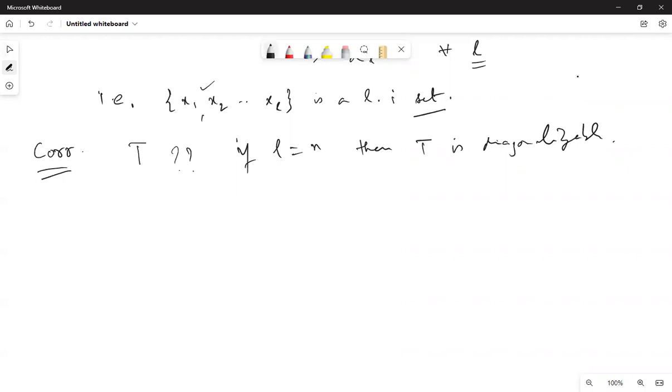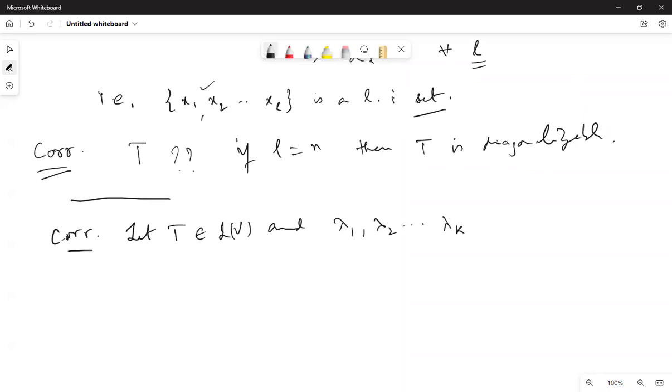So look at one more corollary. Let T belong to L(V) and say lambda 1, lambda 2, ..., lambda k are distinct eigenvalues.